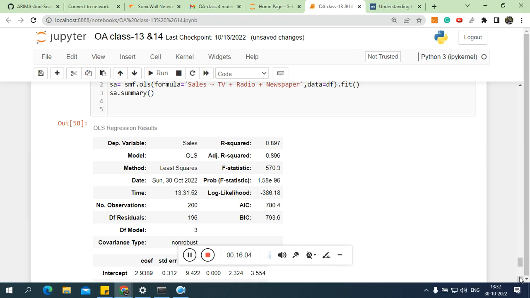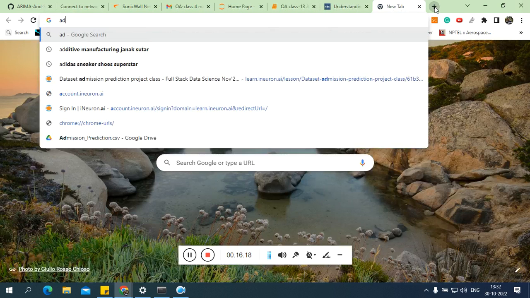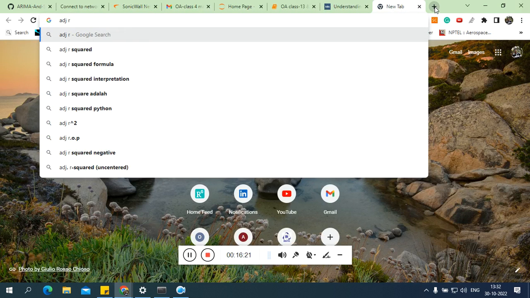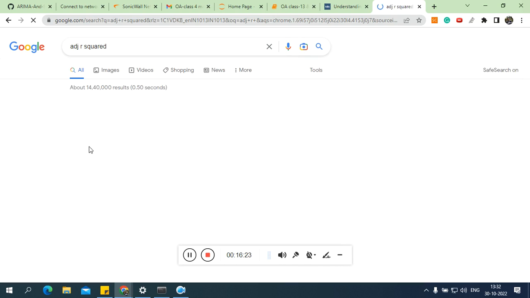Okay. Adjusted R square is a more robust way to calculate the accuracy of the model, because many times we are not considering the amount of data. So let's see what the adjusted R square is. Why is it better?